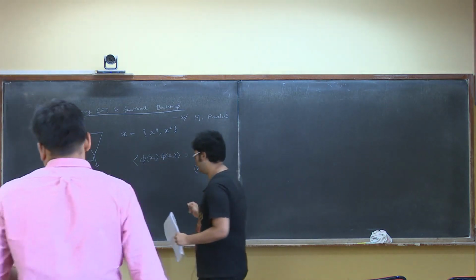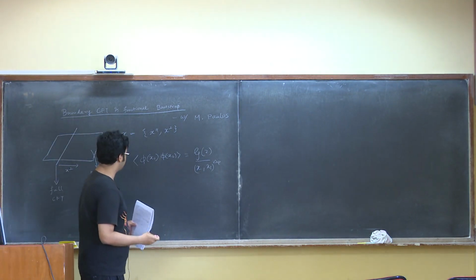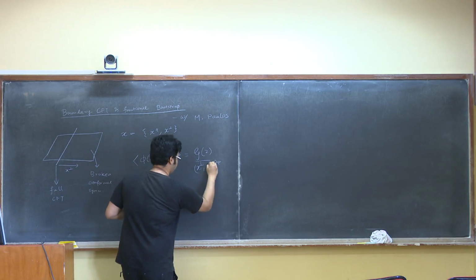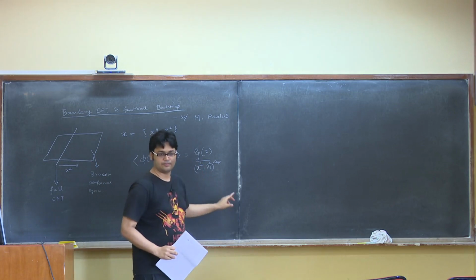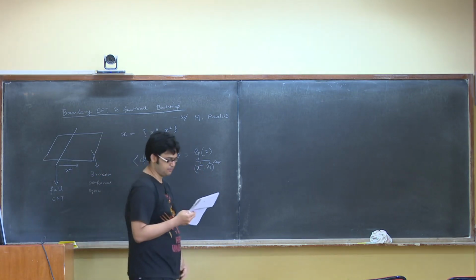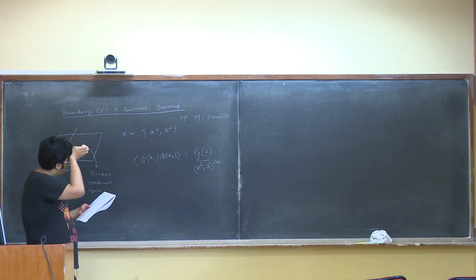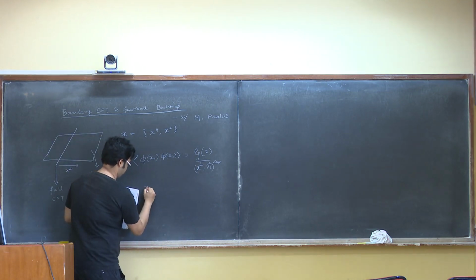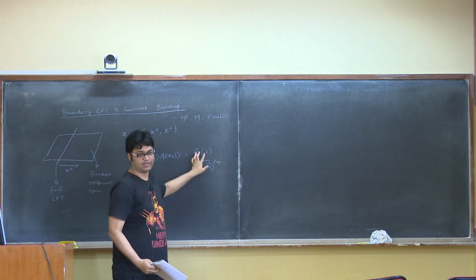And z is an invariant. It's x1, x2, but these components are perpendicular components. And you see that there isn't just one cross ratio that I have written.